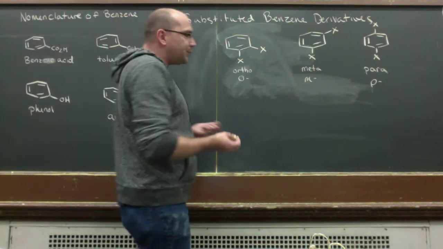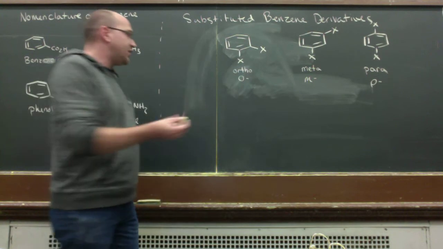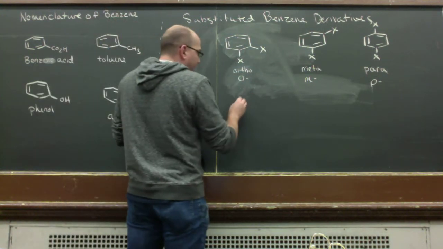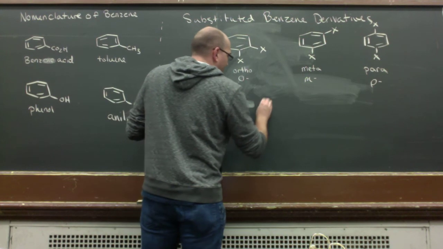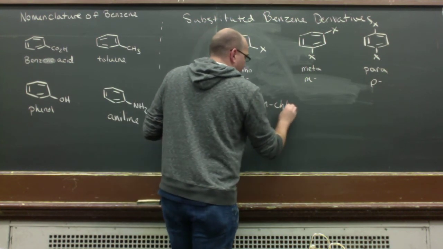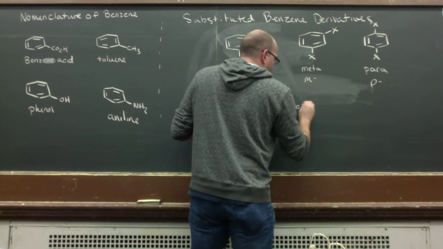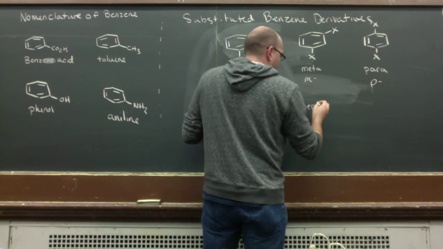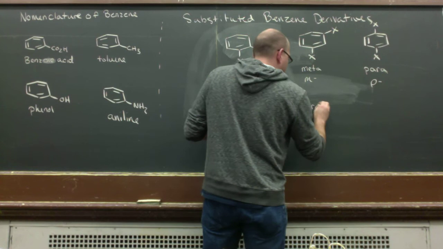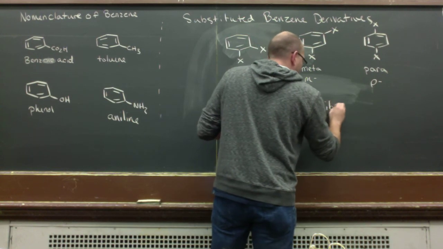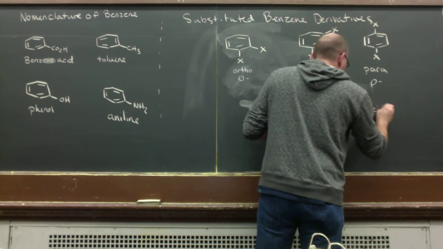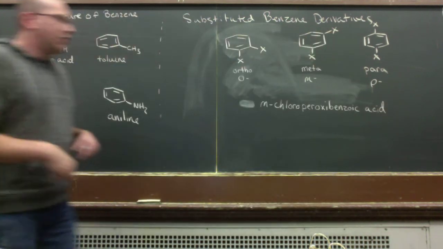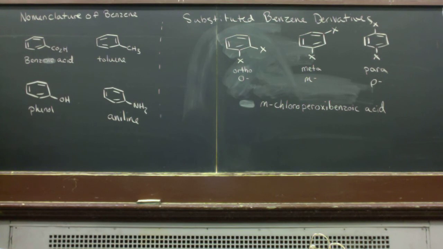So for example, two common things that you would see would be a molecule called m-chloroperoxybenzoic acid. You guys have seen this in the past.